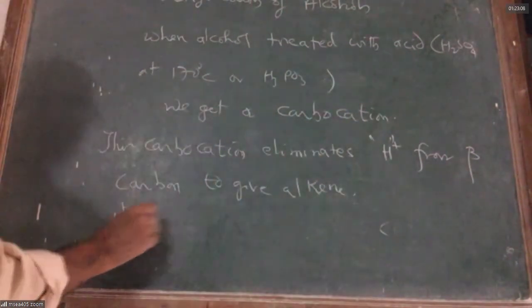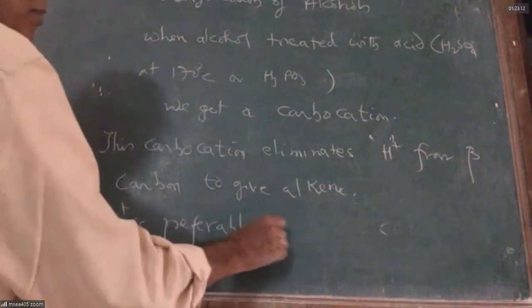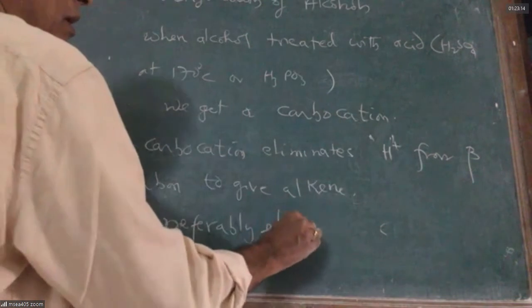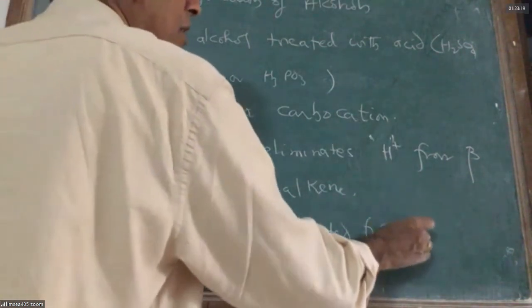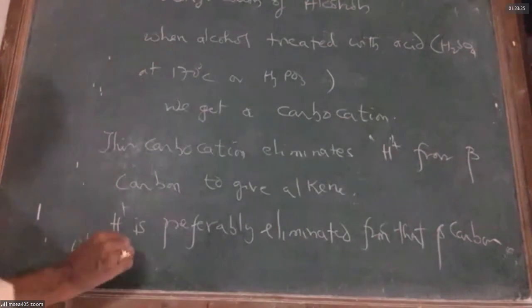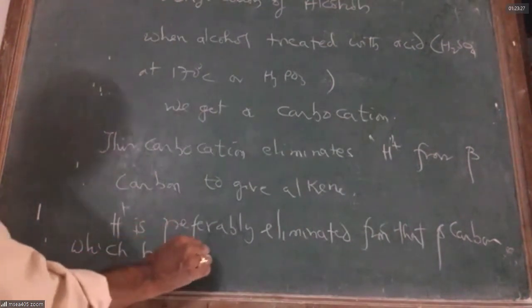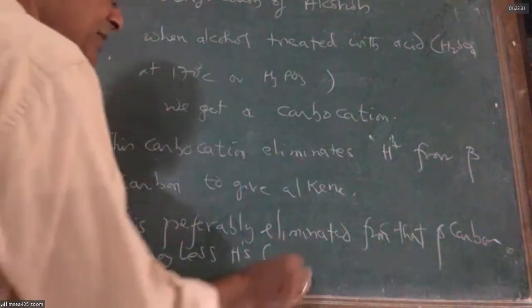H plus is preferably eliminated from that beta carbon which has less hydrogens. It is called Saytzeff rule.